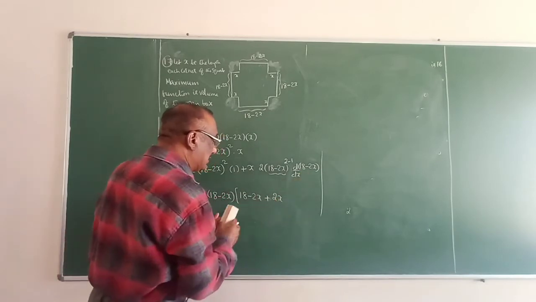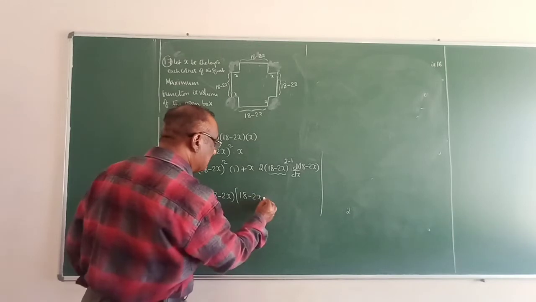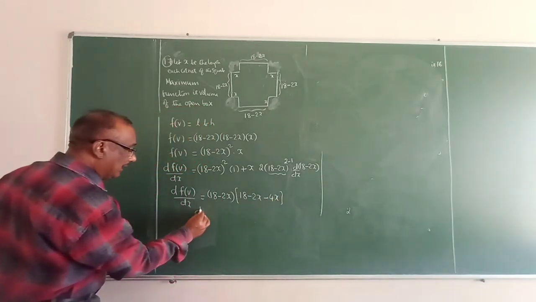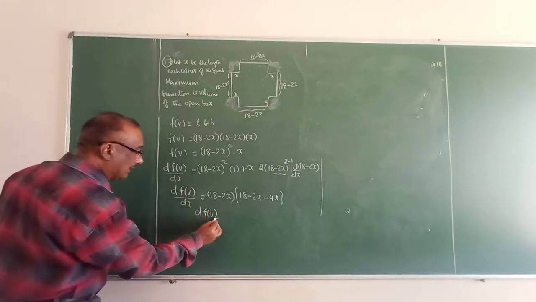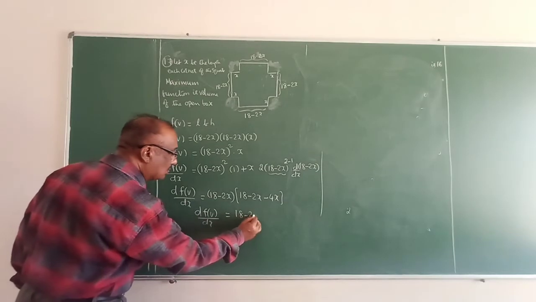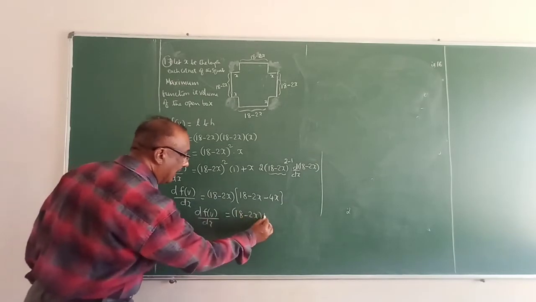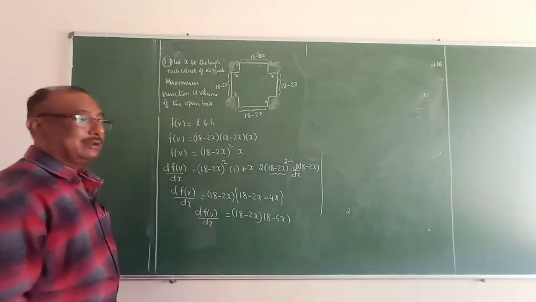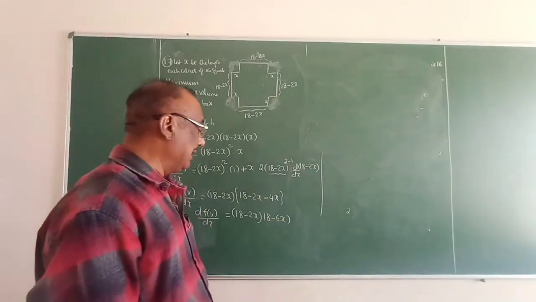The total is minus 4x. Therefore, the derivative of f of b with respect to x is equal to (18 minus 2x) into (18 minus 6x).